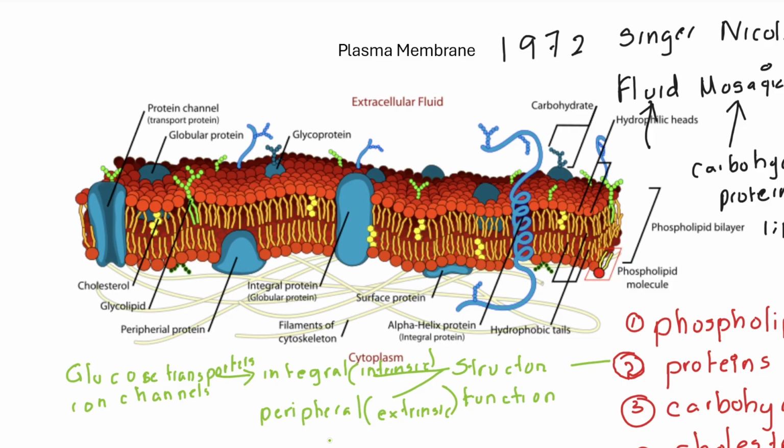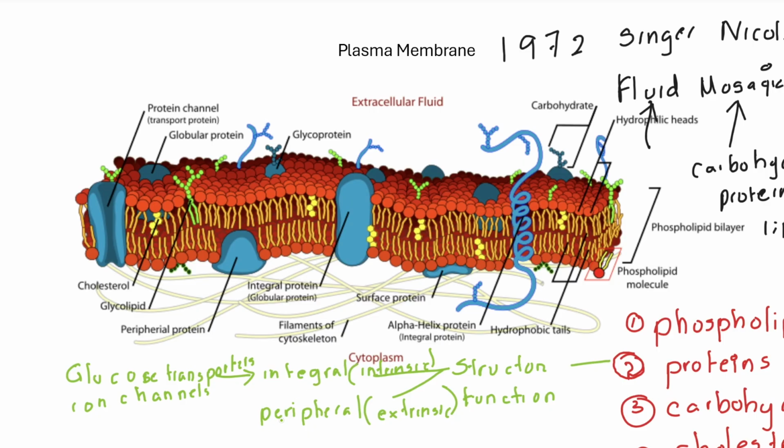The peripheral proteins are the proteins which loosely attach to the inner or outer layer of the plasma membrane. It does not penetrate across the plasma membrane.